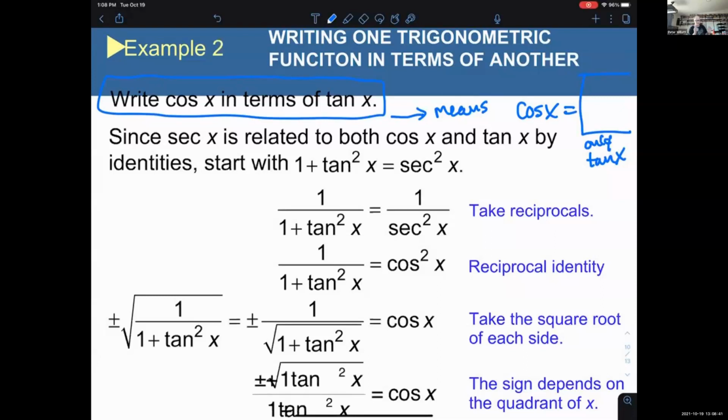So the basic idea to do that is to try to get an equation that has tangent in it and cosine in it, and then solve it for cosine. Isolate the cosine and shove everything else to the other side so that you have an expression on the other side that has a tangent or a couple of tangents in it somewhere, but nothing else.